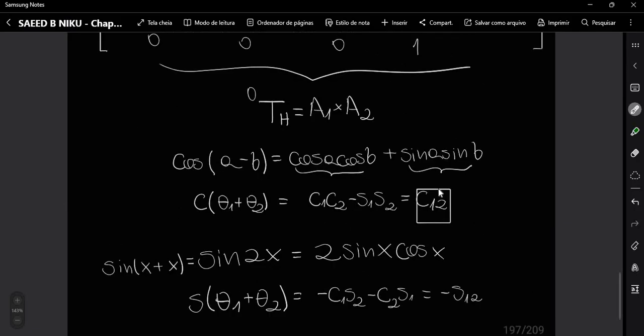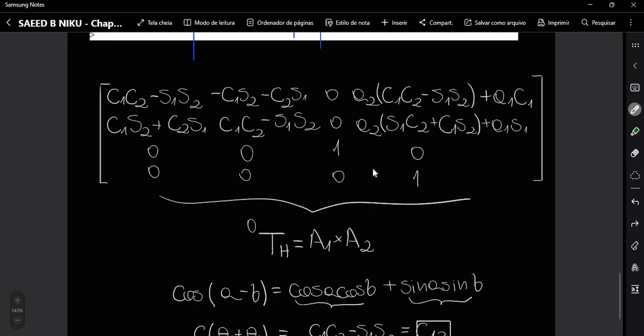Also this element repeats right here, but with the opposite sign, and this element is the same as this element.